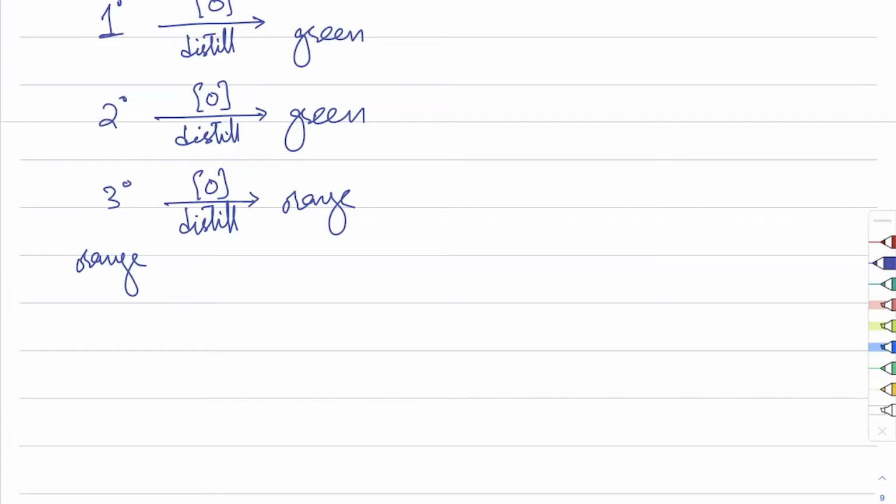Okay. Now I take this solution, the green one, that I've distilled. I add a weak oxidizing agent. Weak oxidizing agents are Tollens' reagent or Fehling solution.